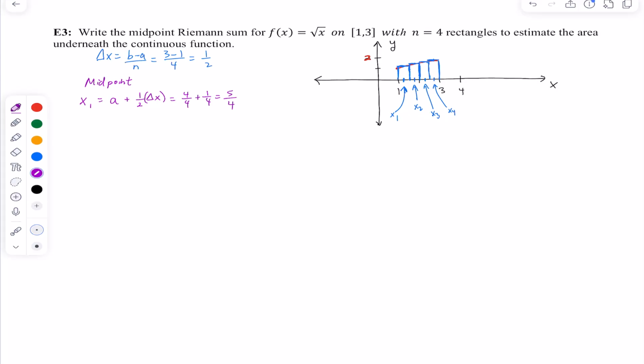Once you find the first midpoint, it is much easier to find the second midpoint. The second midpoint is actually the first midpoint plus delta x. And the next midpoint is the previous midpoint plus delta x.